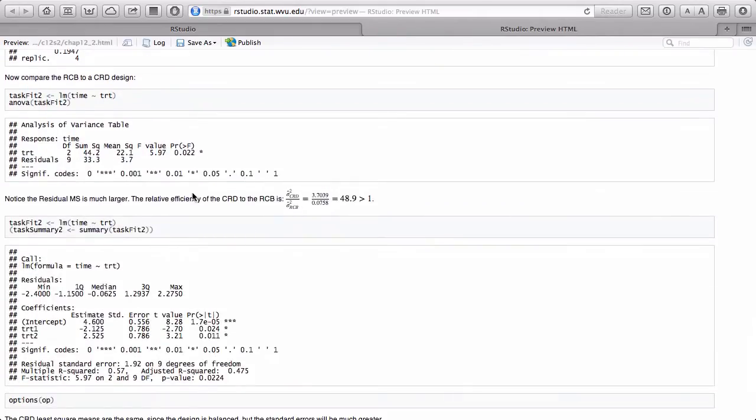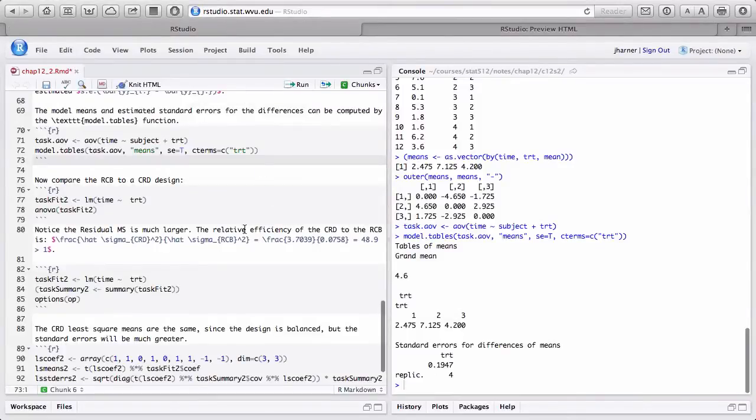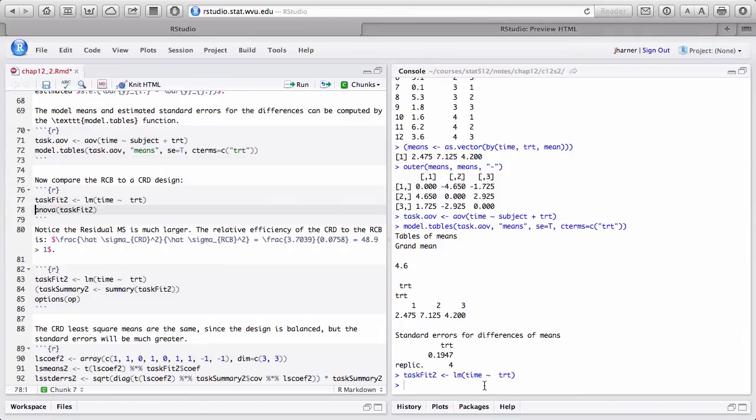Suppose we had simply ignored the subject. Let's go back here. I'm going to call this fit 2. Suppose we simply fit treatment and ignore the subject, so I'm treating it as a one-way and ignoring the subject.